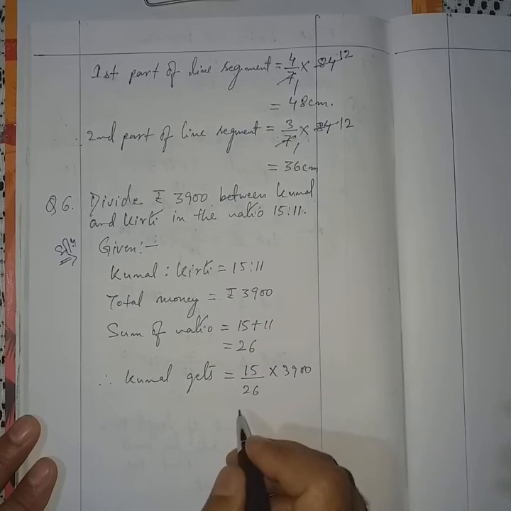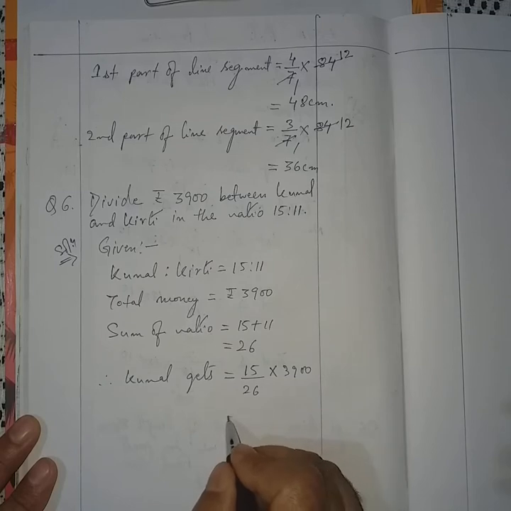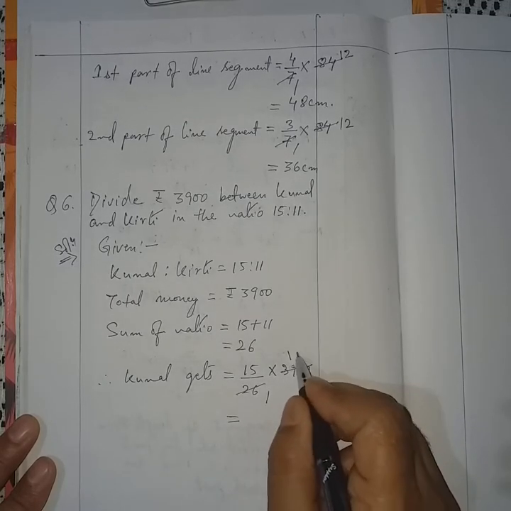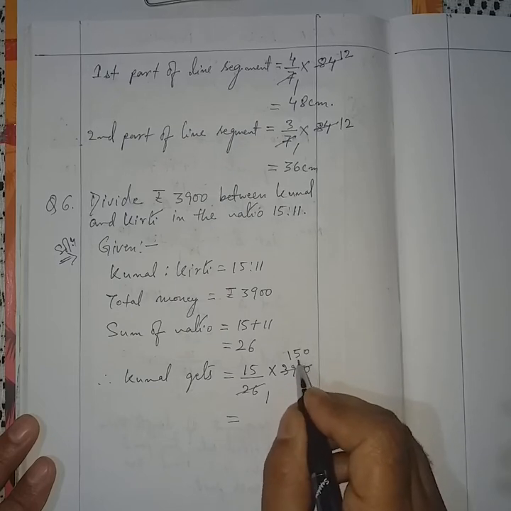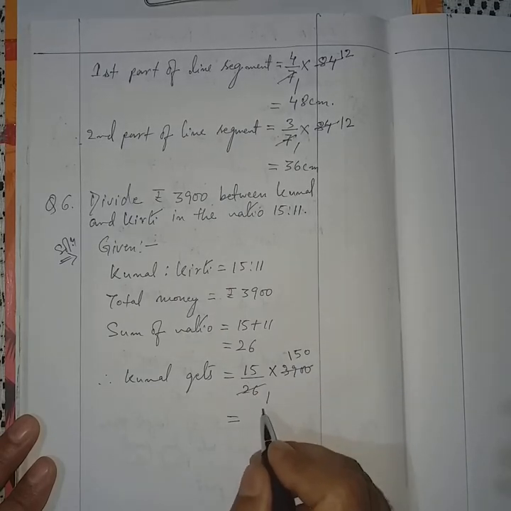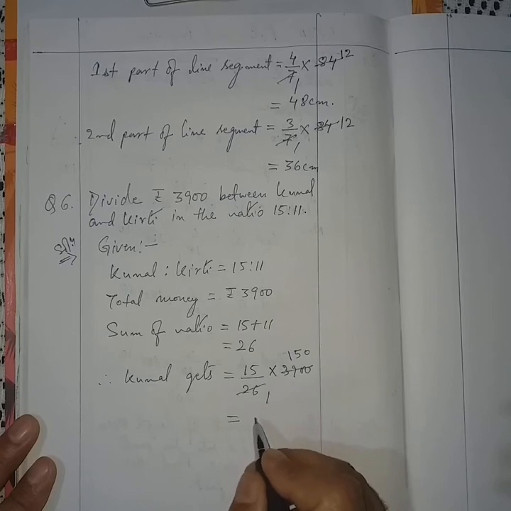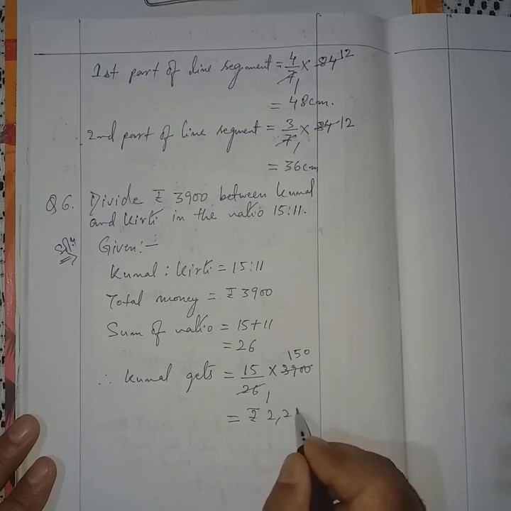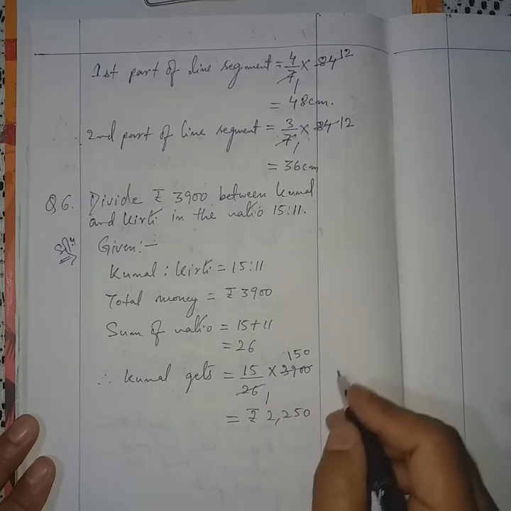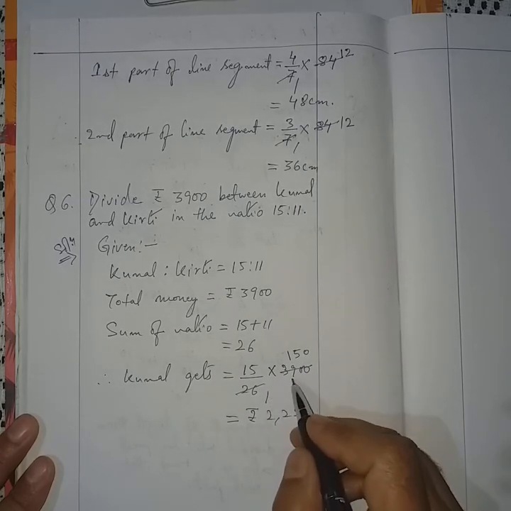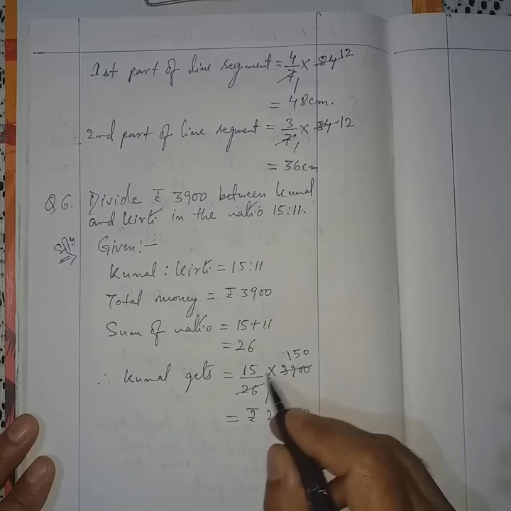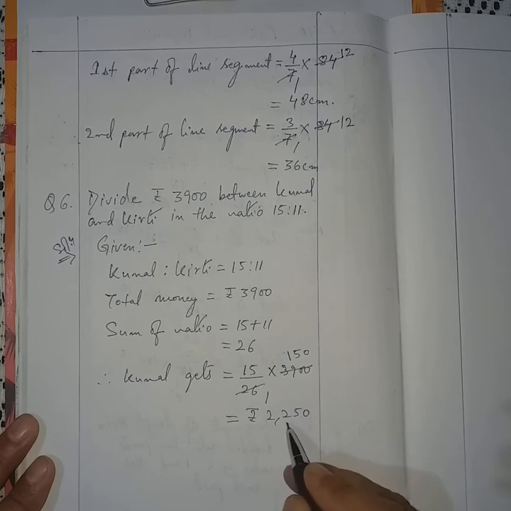So we have to calculate it. 26 ones are 26, 26 fifties are 1300, so 150. 150 into 15. Calculate it and check it out. We are getting rupees 2250. 26 ones are 26 and 26 150s are 3900. Okay, 150 into 15 we are getting 2250.